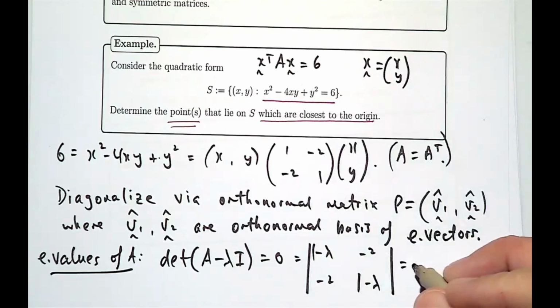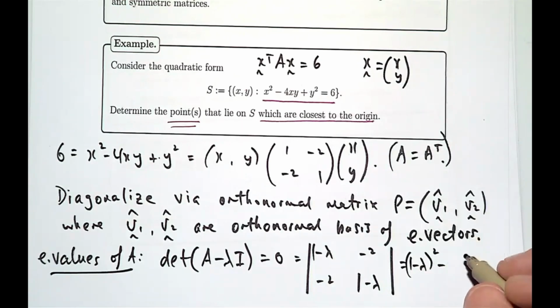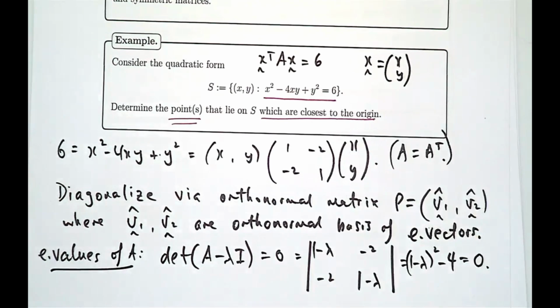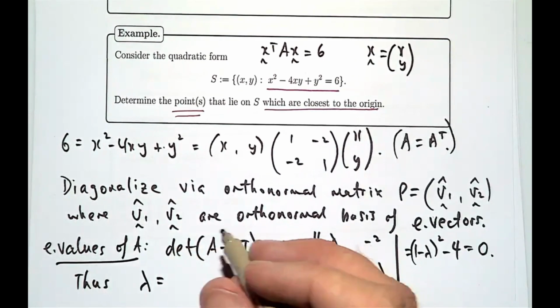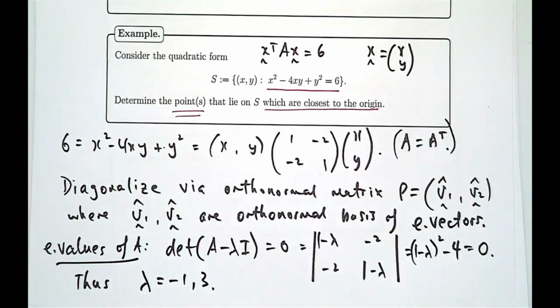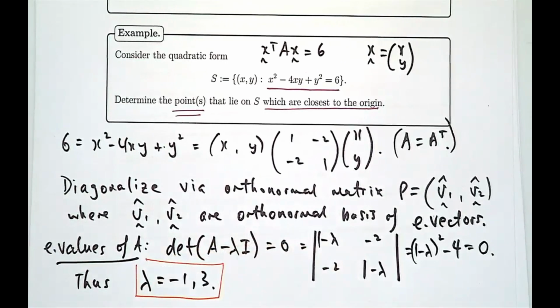So all right, we've got a quadratic equation which we can solve, and we're going to get two real values. All right, so we're on our way. Okay, there are our two eigenvalues for A.